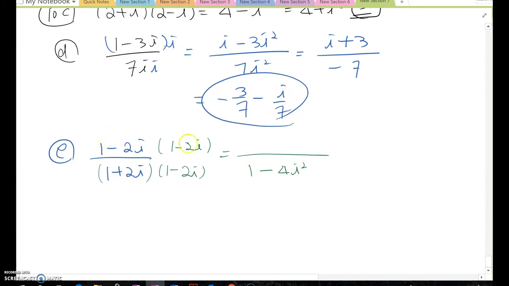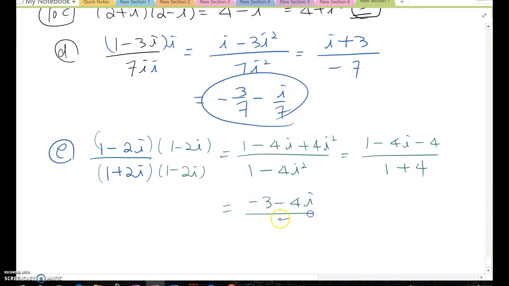On top you need to distribute, then 1 minus 4i plus 4i squared, which means 1 minus 4i minus 4 over 1 plus 4. Therefore, it becomes negative 3 minus 4i over 5, or negative 3 over 5 minus 4 over 5 i. Okay?